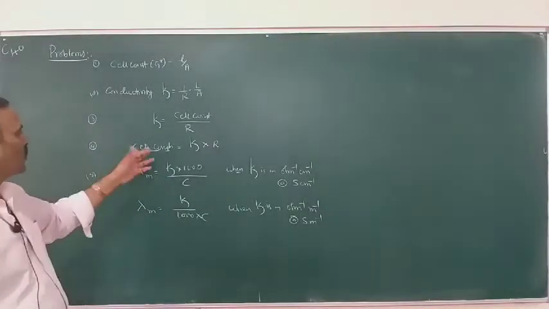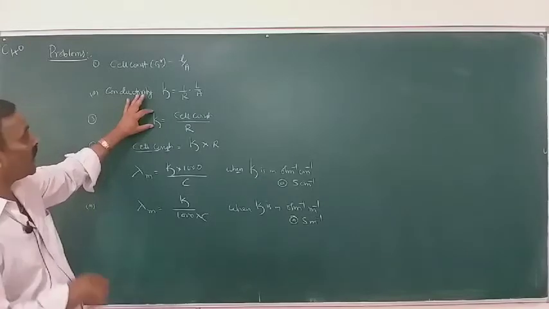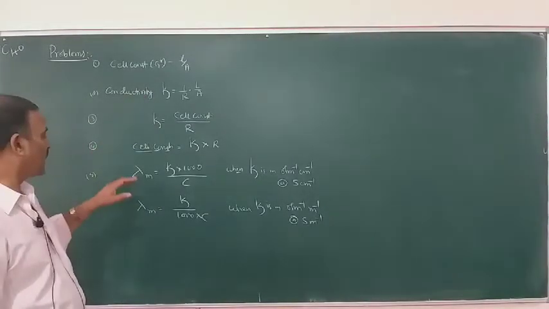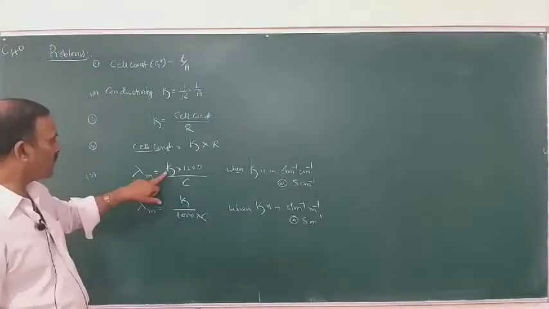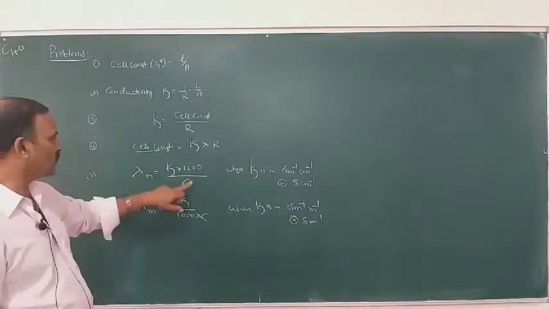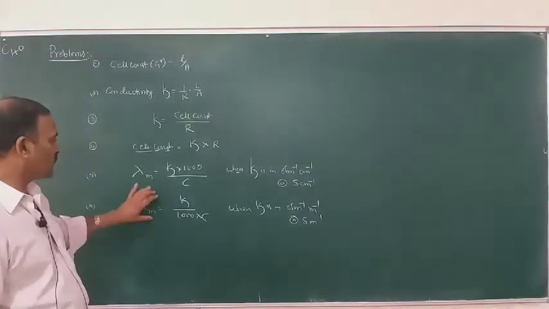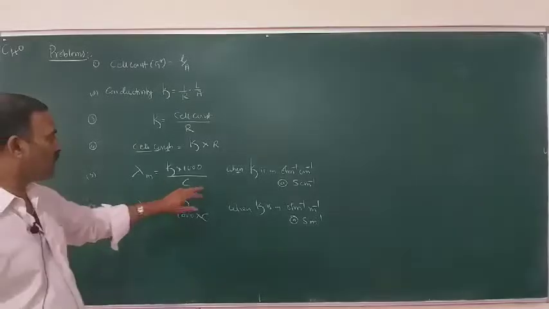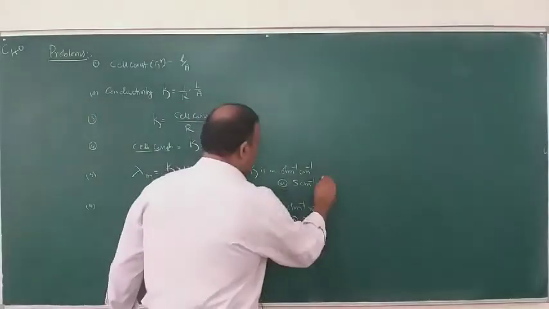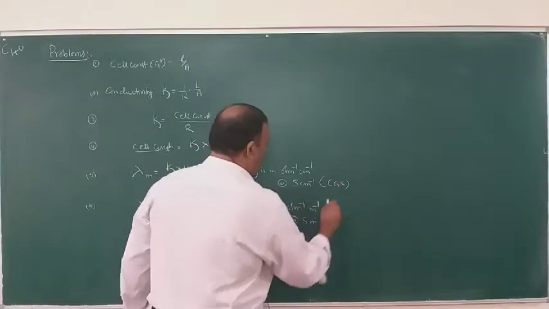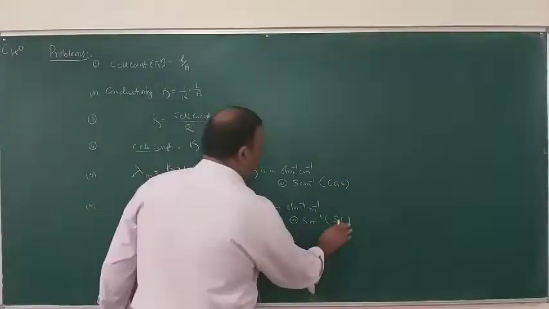Then if you know cell constant, you can determine specific conductance of an unknown solution. Then to calculate molar conductivity, use specific conductance into 1000 divided by C. You have to use this formula depending upon the value of kappa, either in CGS unit or in SI unit.